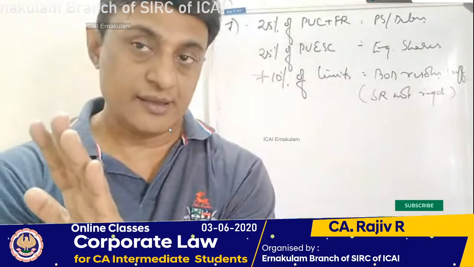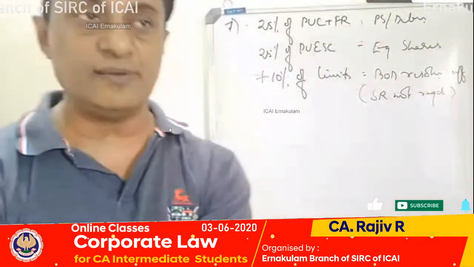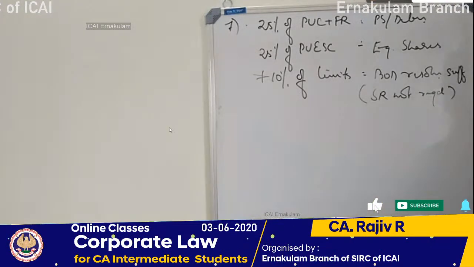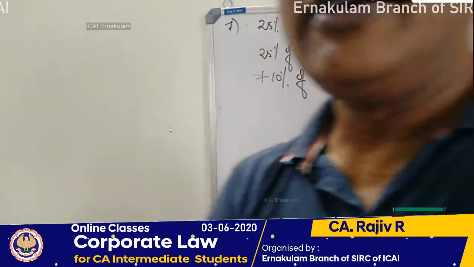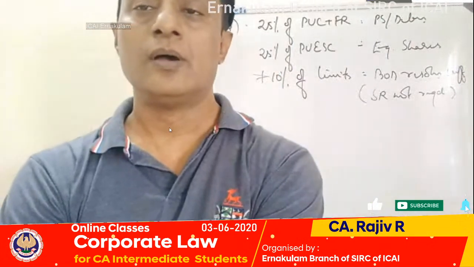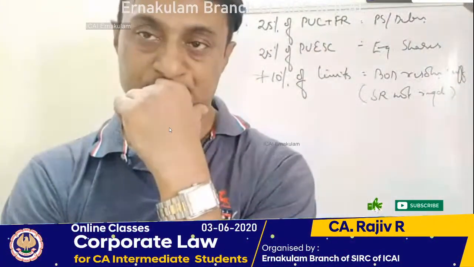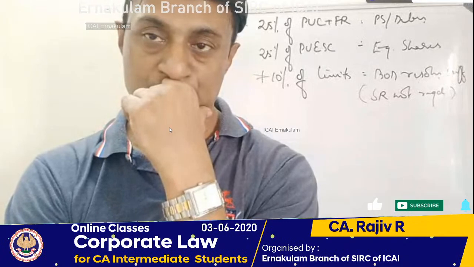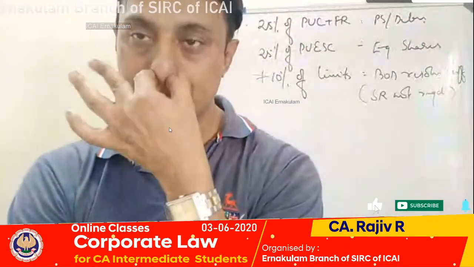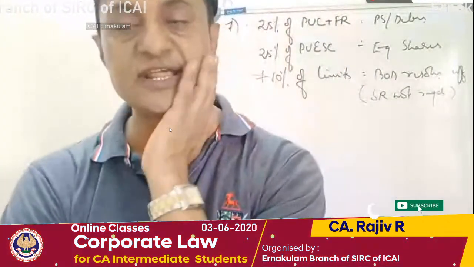And B, 25% of paid up equity share capital, in case of equity share capital.